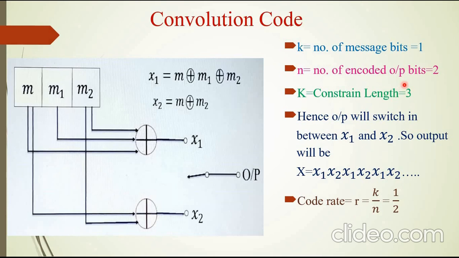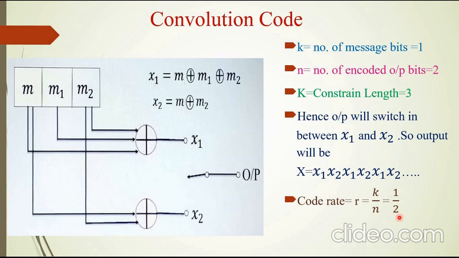For this particular example, K equals 1 and N equals 2, because there are two outputs, x1 and x2.